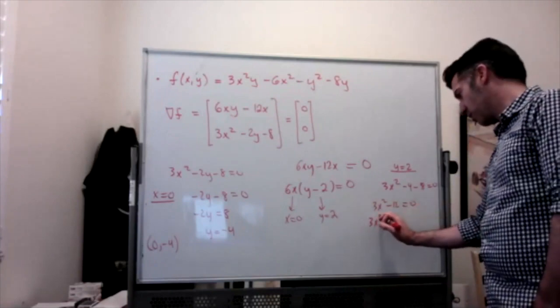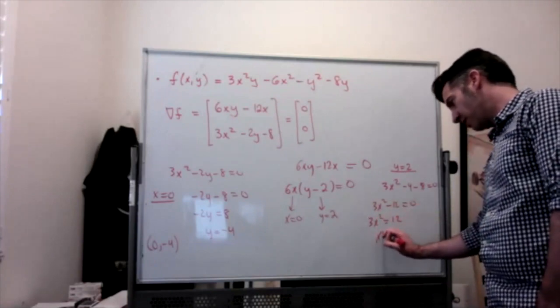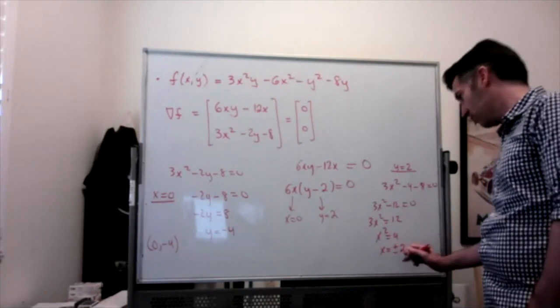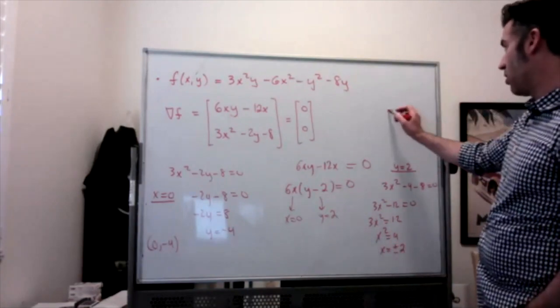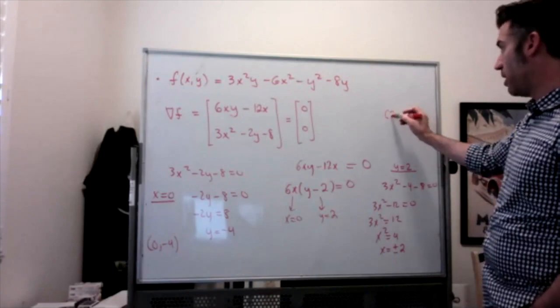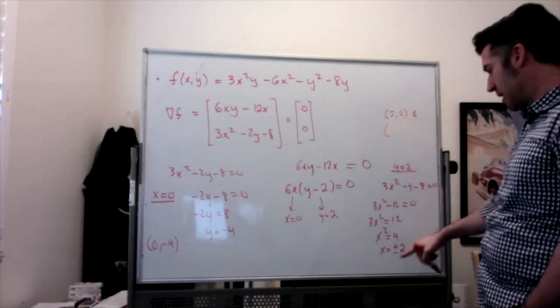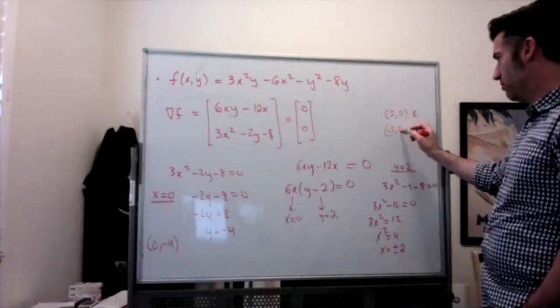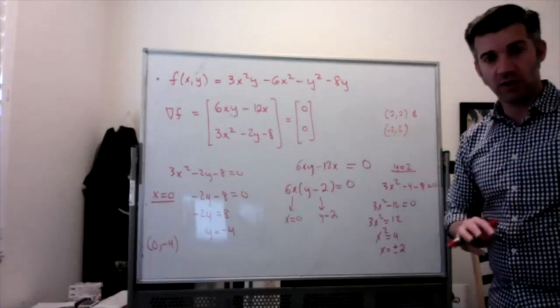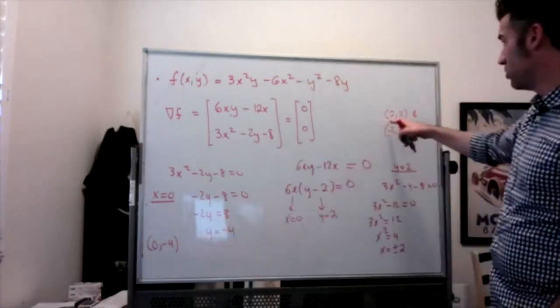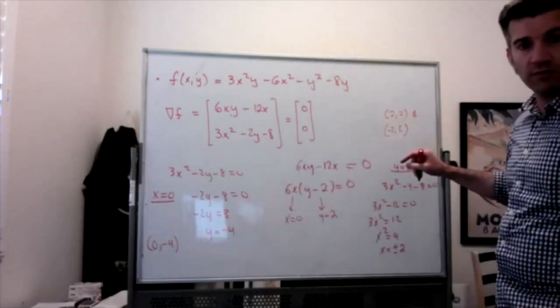So 3x squared equals 12, x squared equals 4, x equals plus or minus 2. So the critical points I get here are when x is positive 2 and y is 2, and when x is negative 2 and y is 2. So those are my 3 critical points: (0, negative 4), (2, 2), and (negative 2, 2).